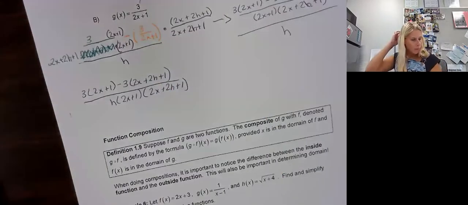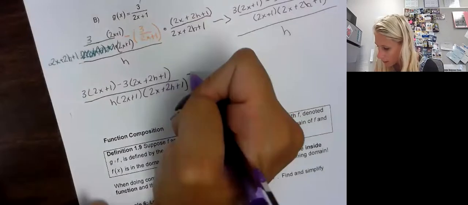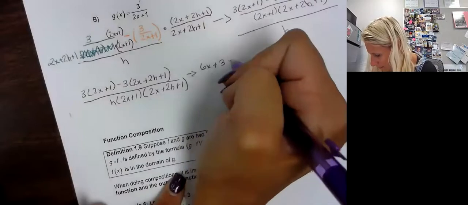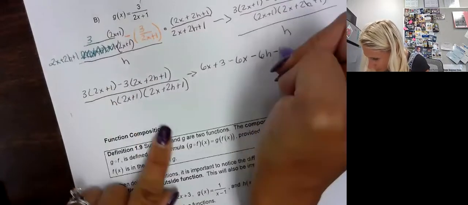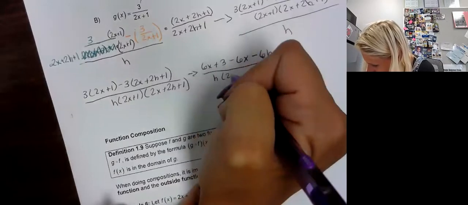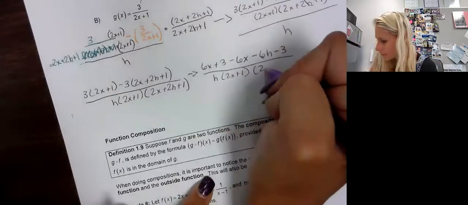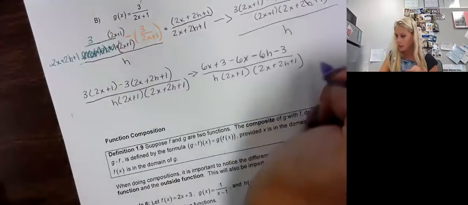Not done yet because we have to be careful of our distributing up here and combining like terms. So we get 6x plus 3 minus 6x minus 6h minus 3 all over that denominator still. Lot to write down, guys. Okay, now let's see what can cancel.